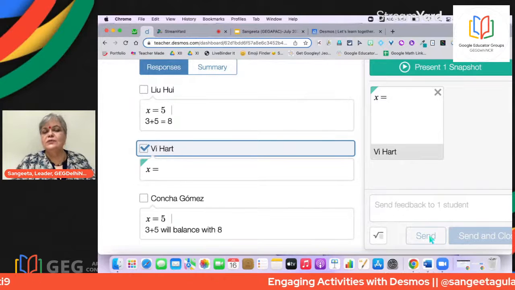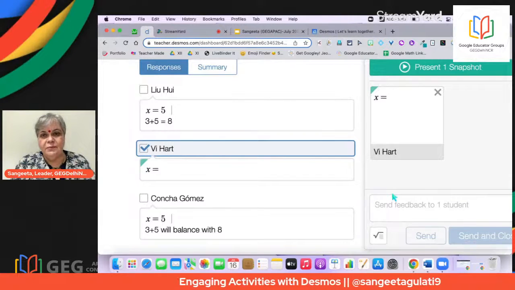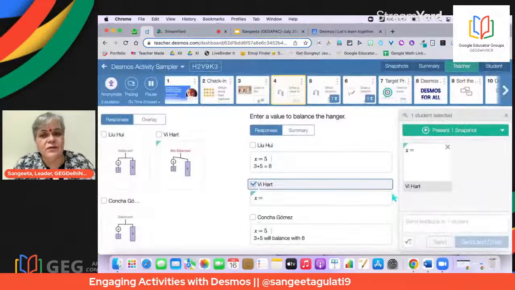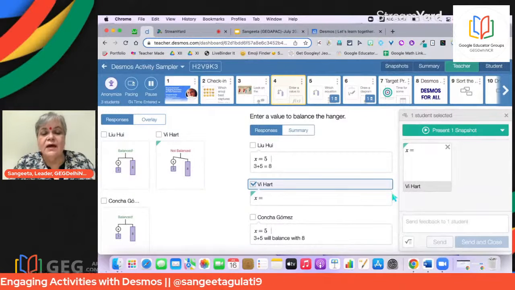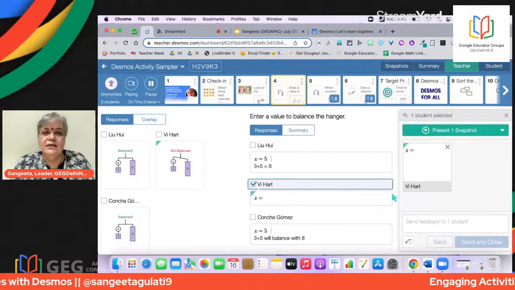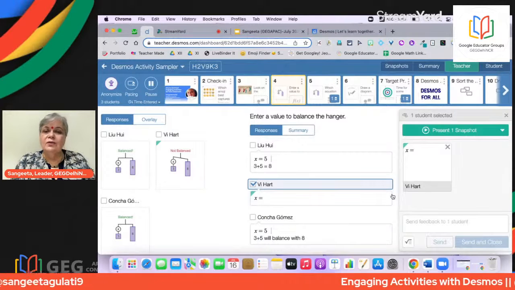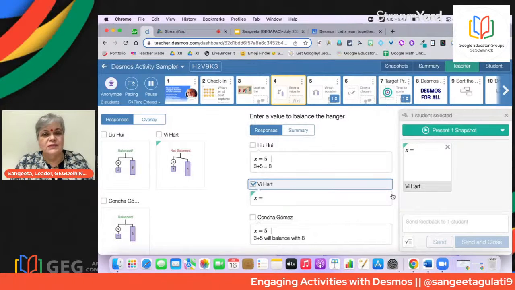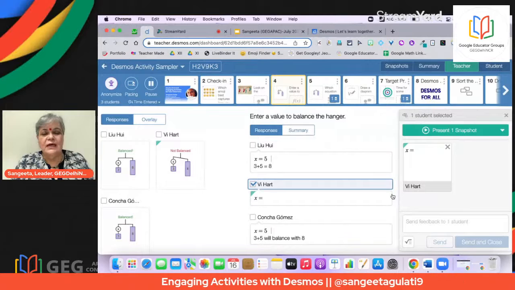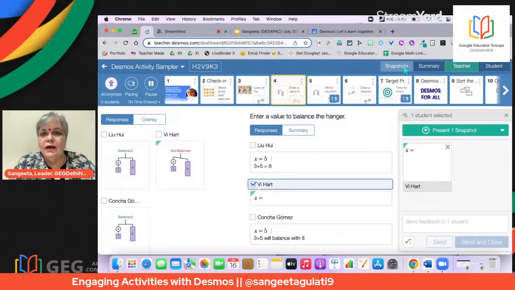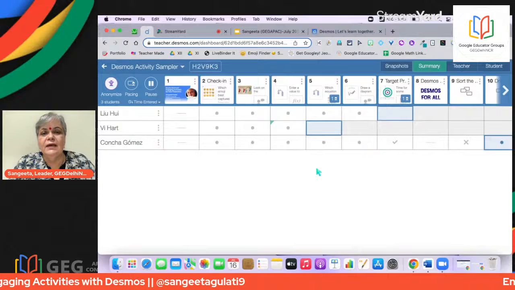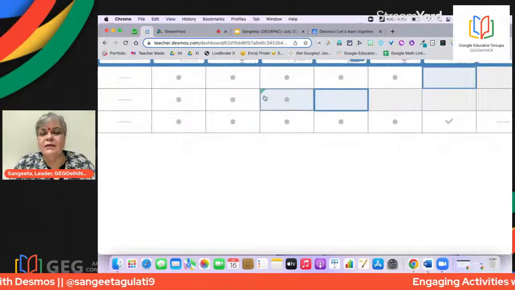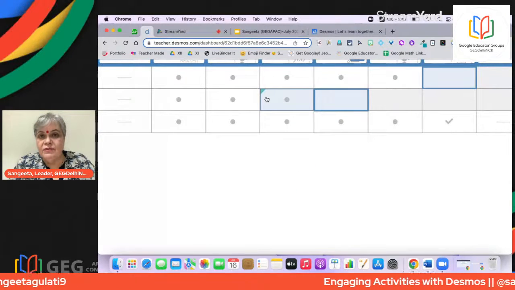The moment the student gets a feedback, again, this could be synchronous, this could be asynchronous. So if you've assigned it as homework and you open up the work, you can put these remarks for the students, and when students open the Desmos, they will find this little green arrow. In the summary, I will be able to see that there is a green mark there. That means I have left a feedback.